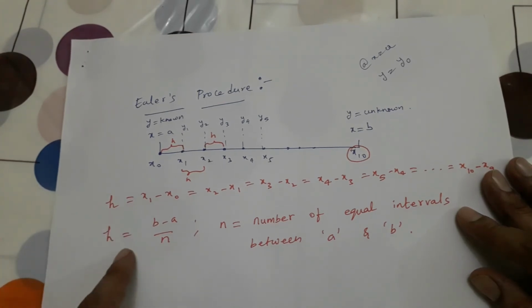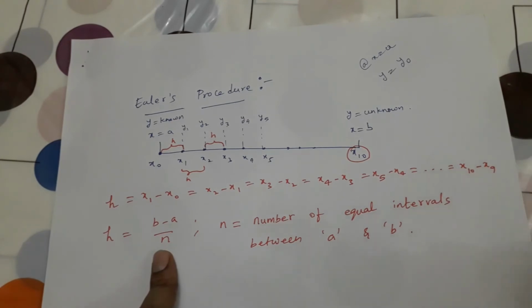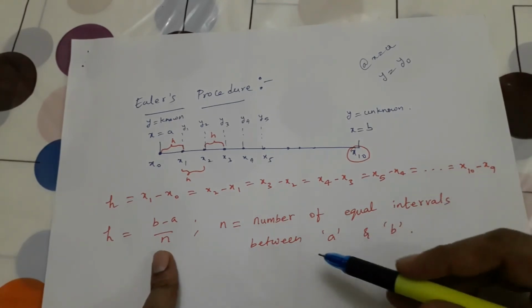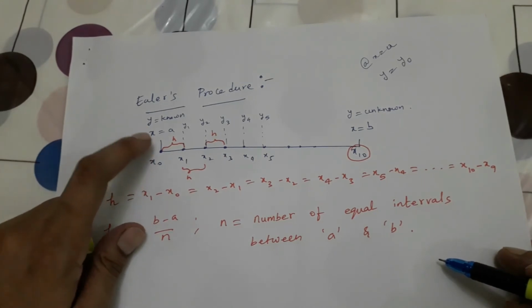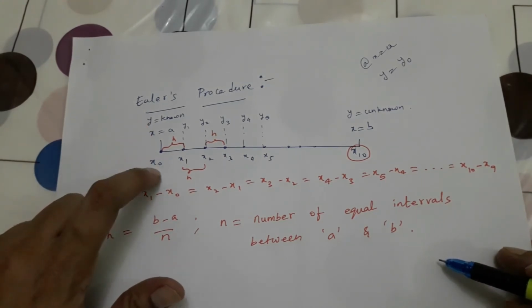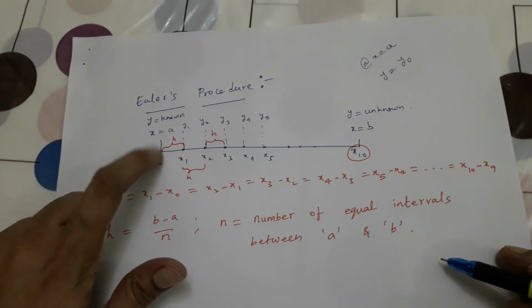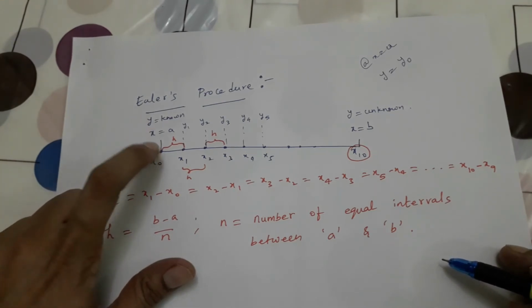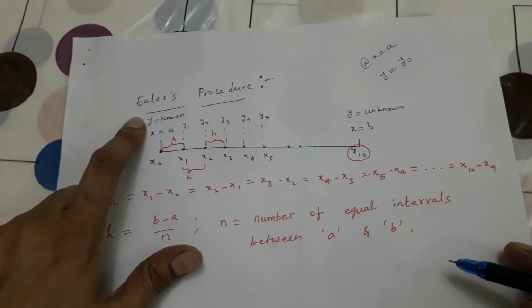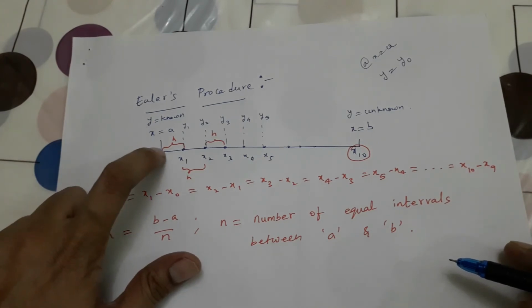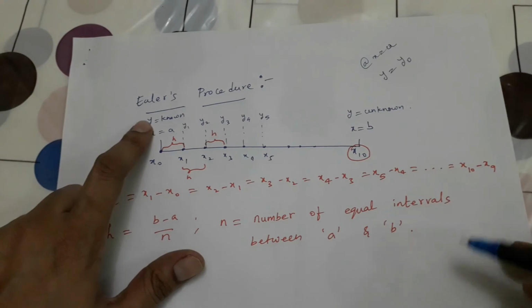h is given by the formula b minus a over n, where n is the number of equal intervals between a and b. At the initial point x equal to a, you know the value of the dependent variable y.